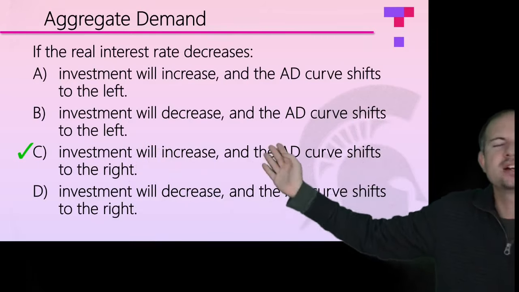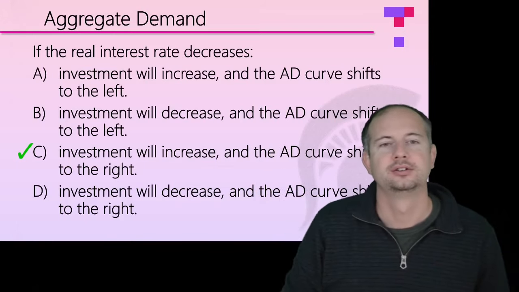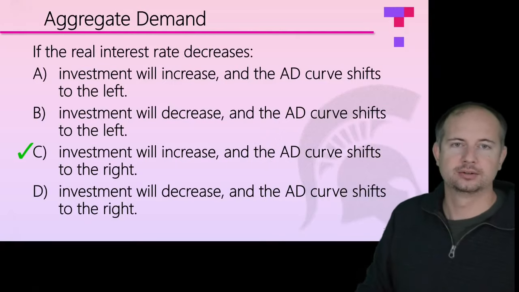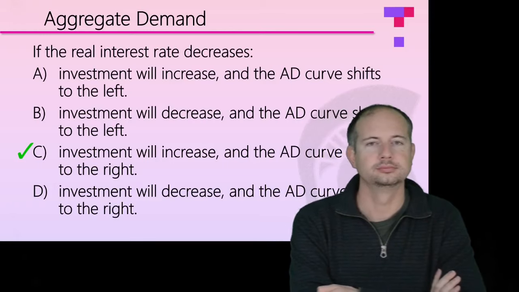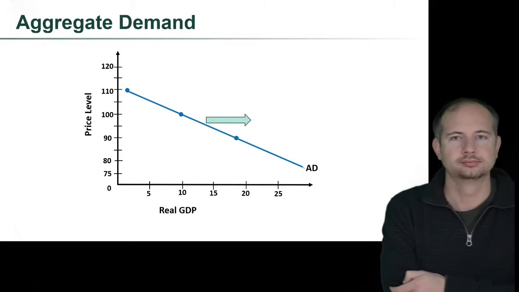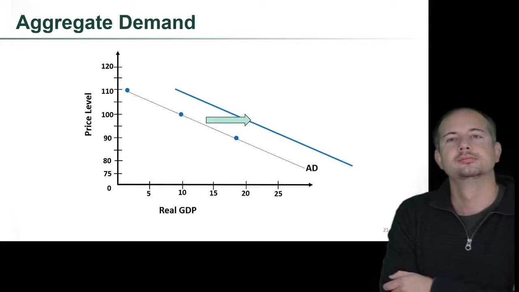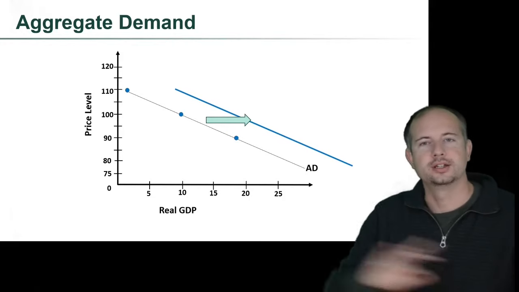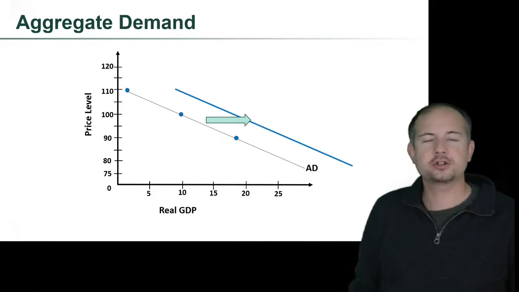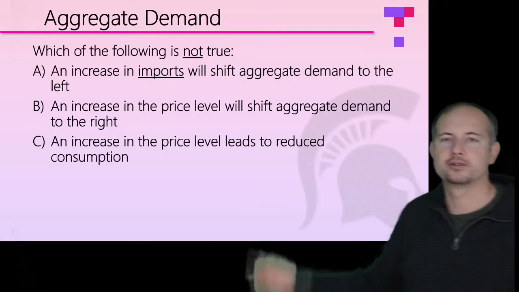Investment is a component of aggregate demand, so aggregate demand increases, which means that it is a shift to the right. We were here, more investment because interest rates changed. Interest rates are something other than prices changing, so we shift out.